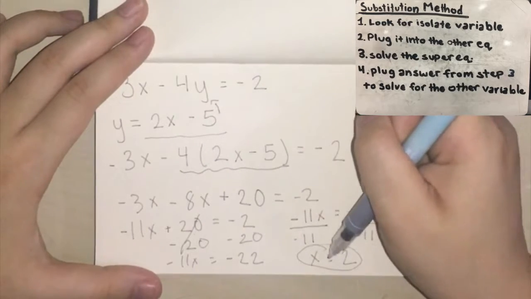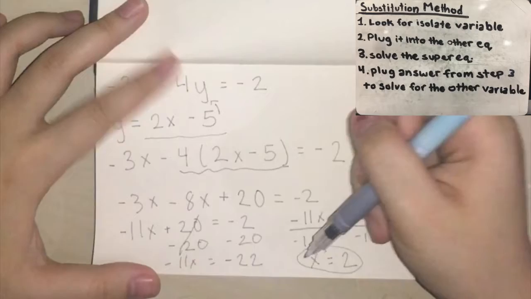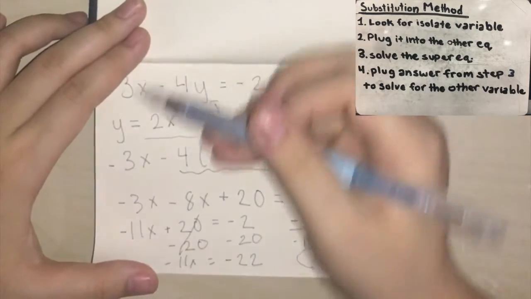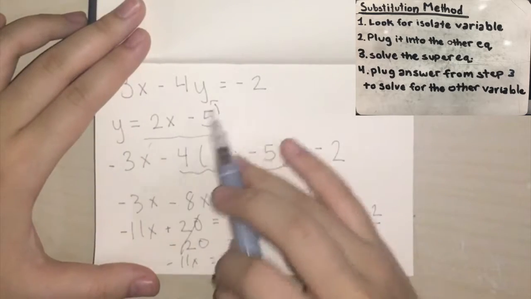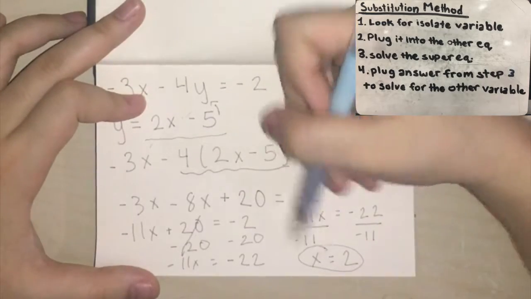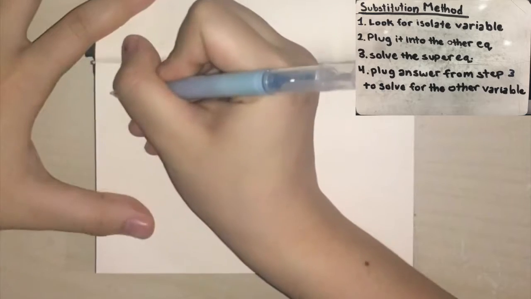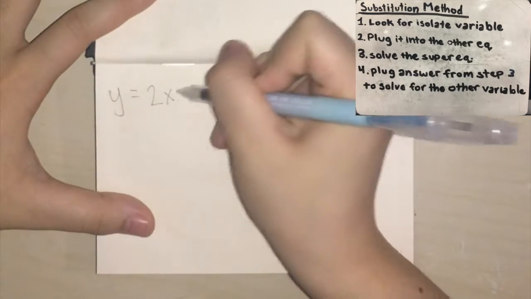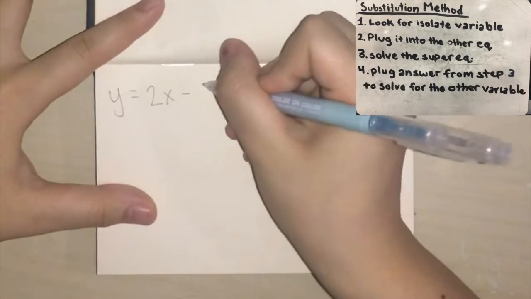To figure out y, we take the answer we got from step 3, solving the equation, and plug it into the other equation, from the isolated variable. So y equals 2x subtract 5.